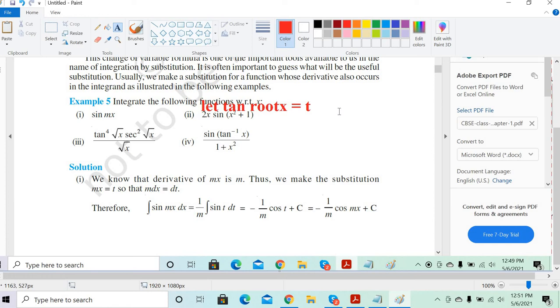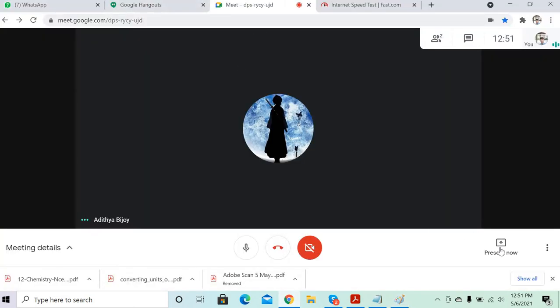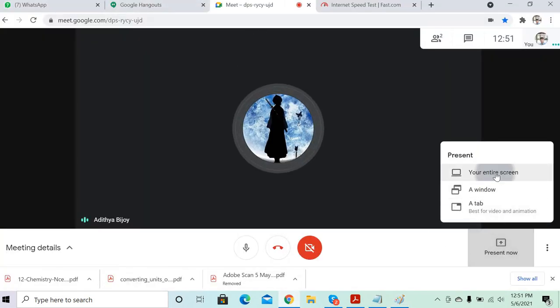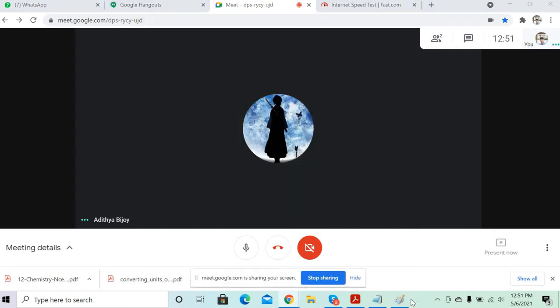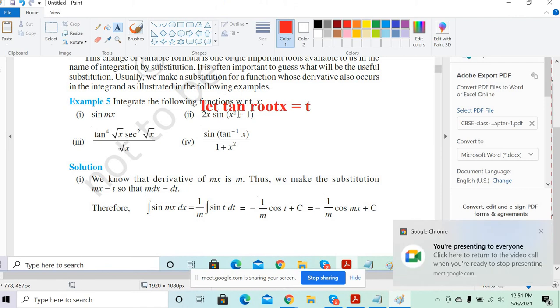Now, if you remember the differentiation chain rule, I think it will be easy for you to do this part. I'll share my screen so that it becomes easier. So I put let tan root x equal to t. Clear?